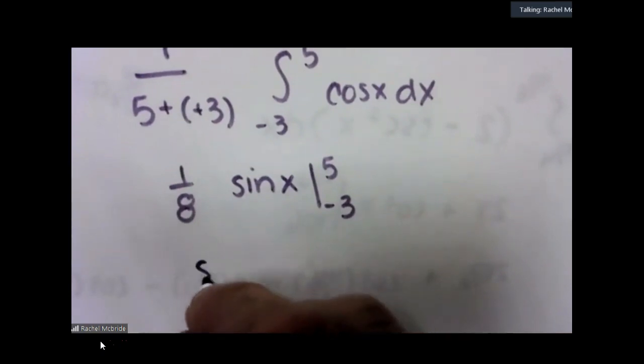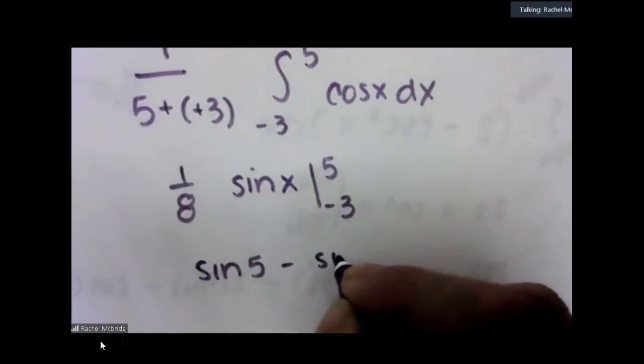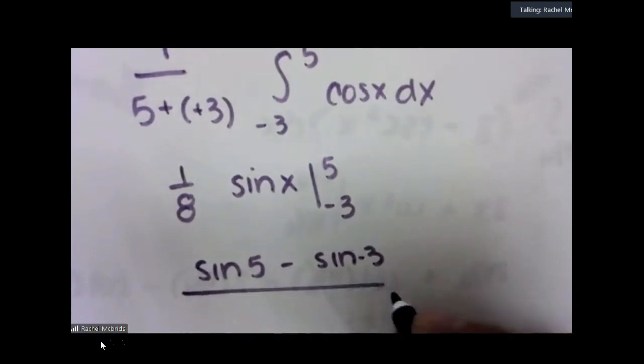So that gave you sine of 5 minus sine of negative 3 all over 8. And then because sine is an odd function, you could take out your sine function. So a negative sign would actually turn into, which is cruel of them, a negative. Because negative and negative is the same thing.